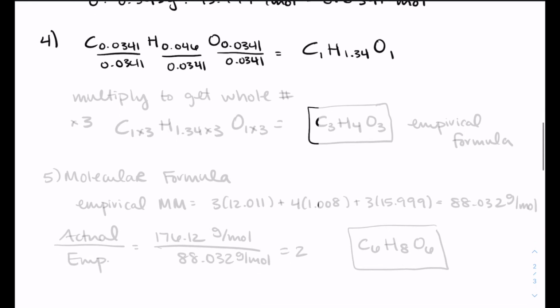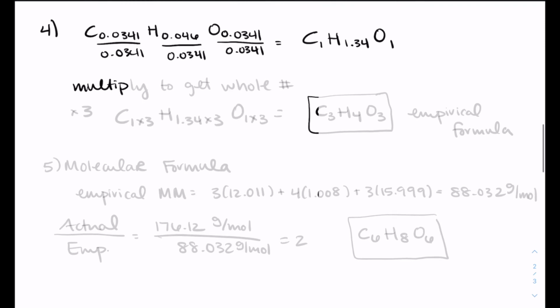You can do a couple of things. There are some tables that will show you if you have this as a subscript, this is what you need to multiply. You might be able to do it quote unquote by inspection. So if you had, let's say that it was 1.5, it might be obvious to you that you need to multiply by 2 to get to the next whole number.